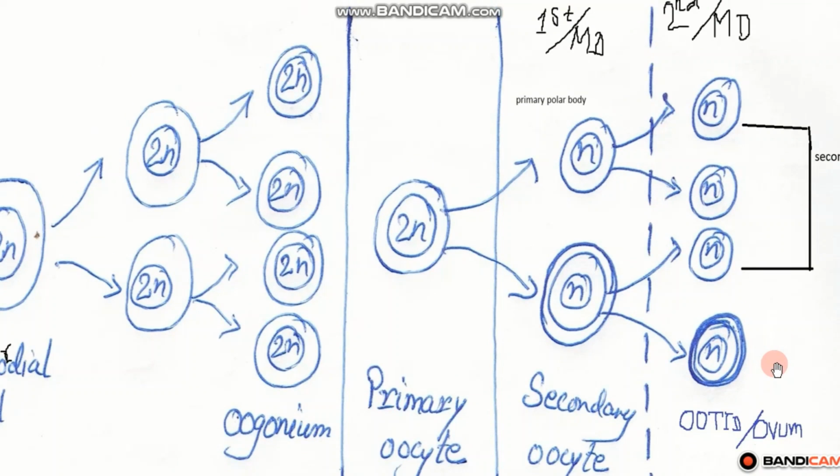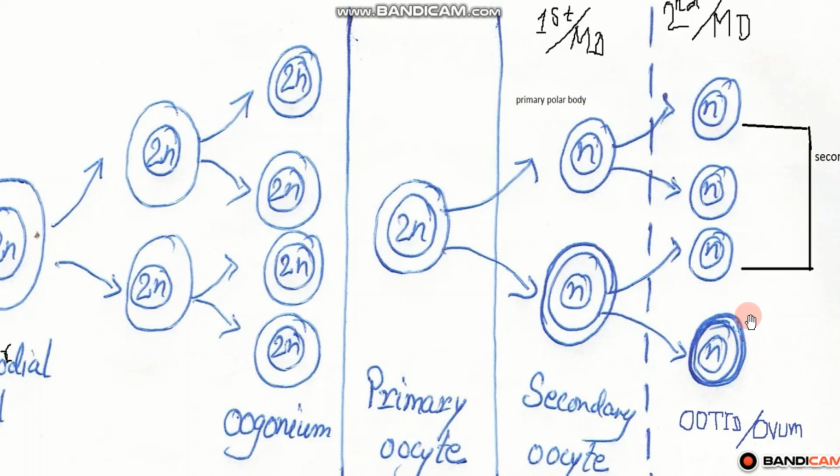Sometimes the question is asked why sperm count is four times more than ovum. It is because of this reason: four cells are formed, but only one cell will convert into an ovum.